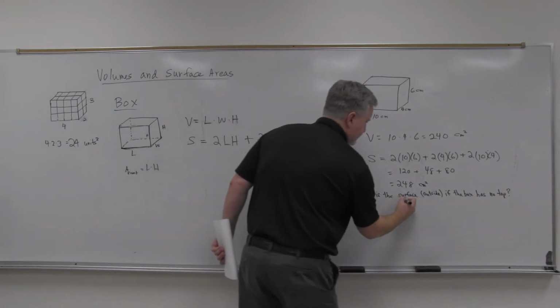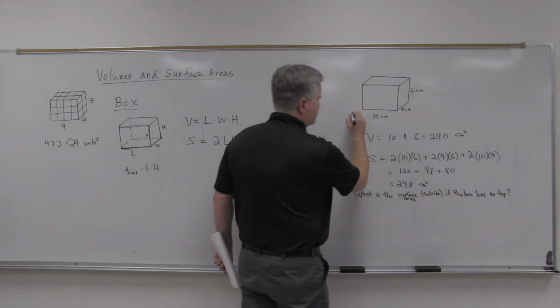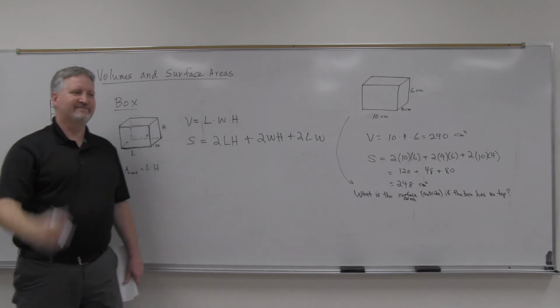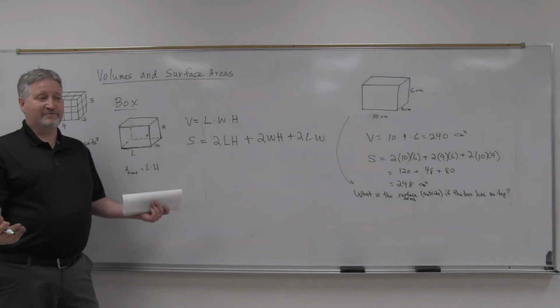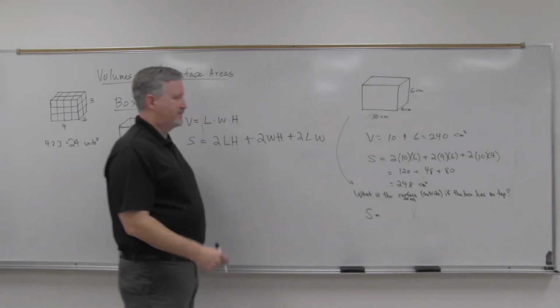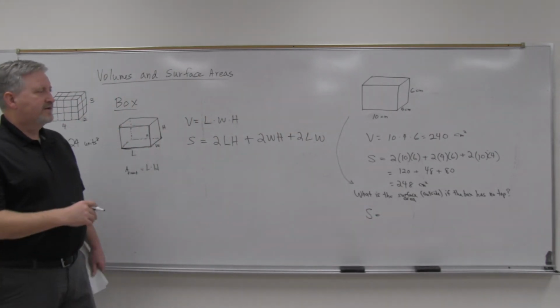So same box, but I don't have a top. So that changes the surface area. There's different ways we can do it since we've got the answer there, but let's just go all the way back through it.